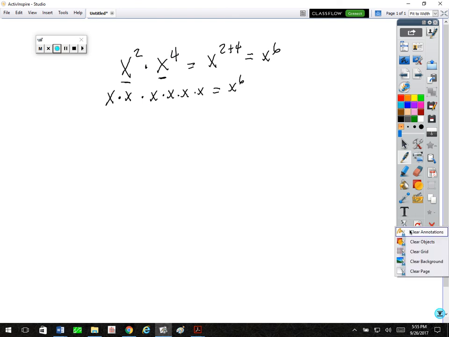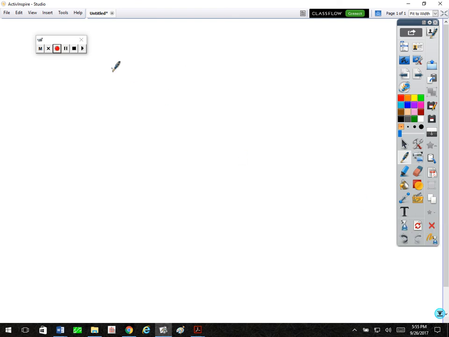Okay, let's look at another one. What if I was to change this a little bit and add a number as a base instead of a variable? What if I have something like 3 to the 3rd power times 3 to the 2nd power? Well, it's the same concept. What I actually have here is 3 times 3 times 3 times 3 times 3. So these are these 3, these are these 3.